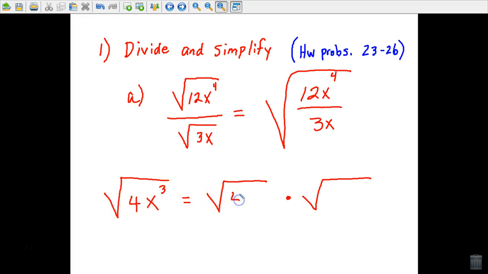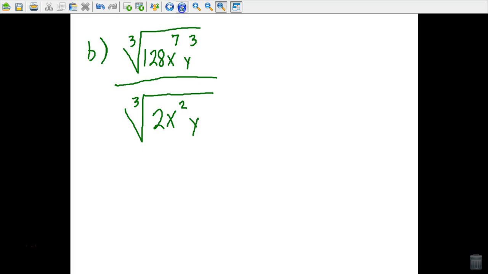Well, I'm going to use the perfect square factor, 4x squared, times the non-perfect square factor, square root of x. Those two multiplied together would equal the square root of 4x cubed. But in simplified form, the square root of 4x squared is really 2x. And this other radical, square root of x, cannot be simplified. So that ends up being my answer to our first example.